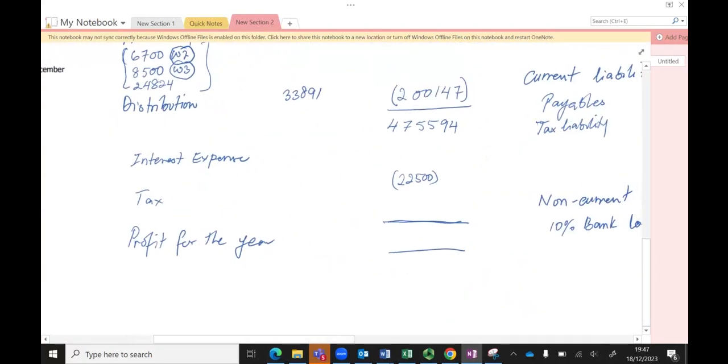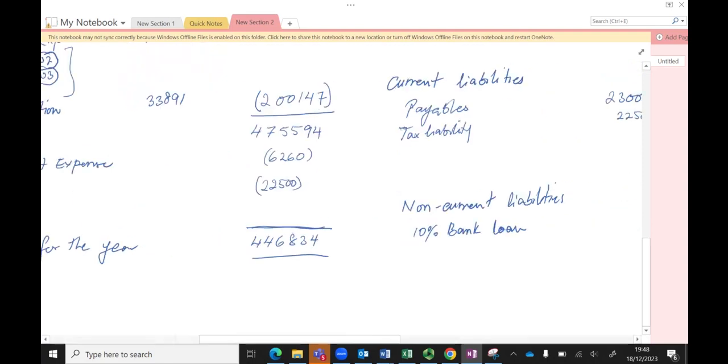So let's subtract that. 62,600 multiplied by 10% is 6,260. And the profit for the year will be 446,834. This profit for the year should become part of the retained earnings.